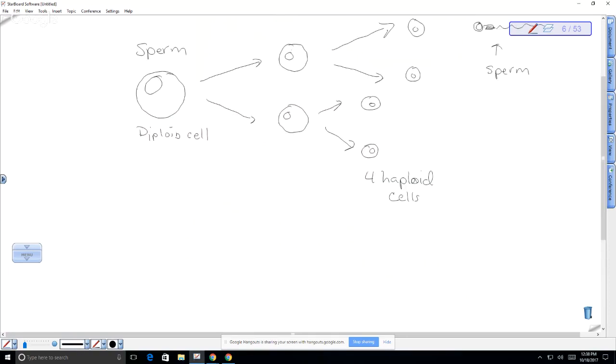That's spermatogenesis. So remember that we talked about how if you went to an alien planet and you were trying to figure out if you found a new species, if it was male or female, what would you look for? Do you remember? You take them back to your lab and you do some experiments and you would find out. How would you define which one's male and which one's female?